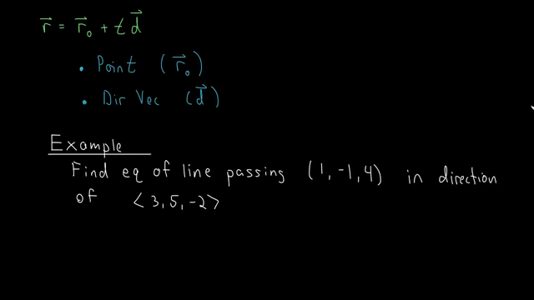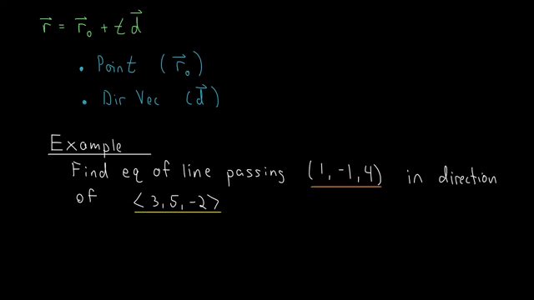Okay, so what do we do? This is a relatively easy example because they told us a point that we're passing through, and they told us a direction. And in fact, they gave us a direction vector. It's in the direction of this vector. So this is our point, underlined in orange, and this is our direction vector, underlined in yellow.